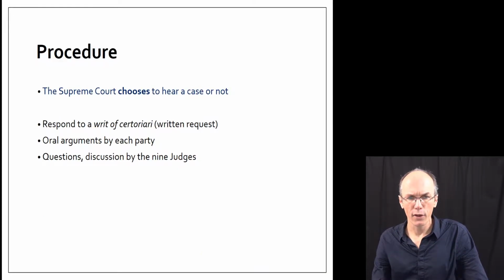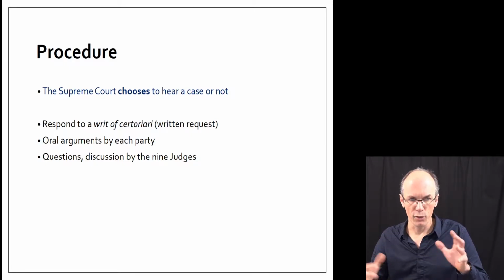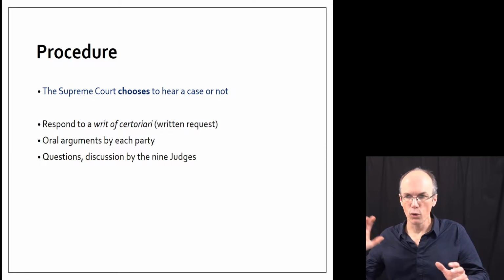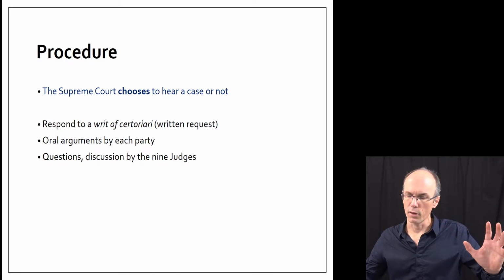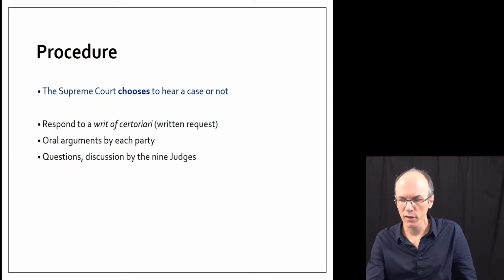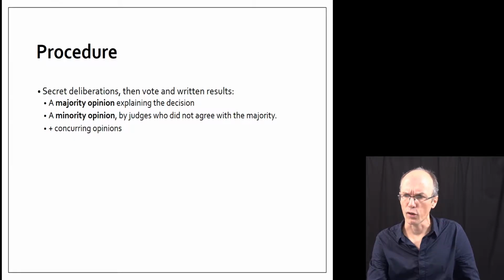Still, how does the Supreme Court choose its cases? Well, it chooses to hear a case or not. Basically, it receives written requests, and then if the court decides to hear a case, it will listen to oral arguments by each party with questions and discussions, and these are lively discussions.